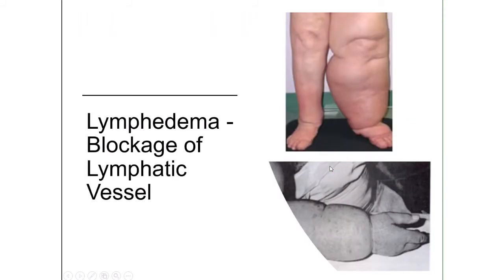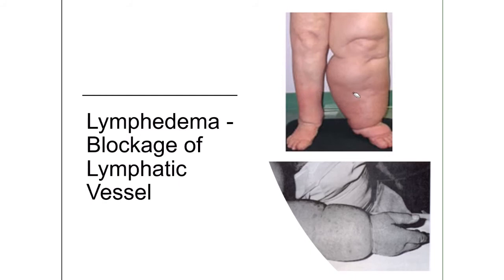Here is something called lymphedema. This is what happens when the valve in the lymphatic vessels is not working, or if the lymphatic vessel has become blocked, and so there's no way for the fluid to return to general circulation, and all that excess fluid is just going to build up in your tissue, causing very, very severe swelling or edema in the tissue.